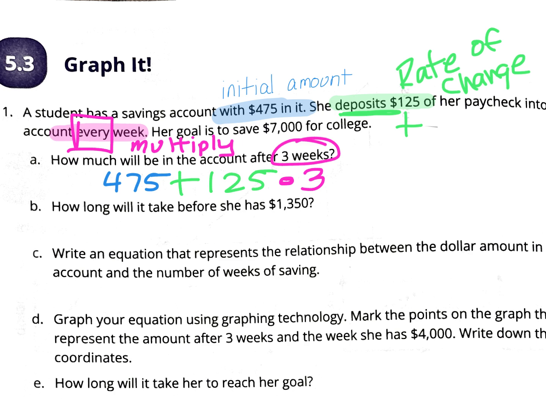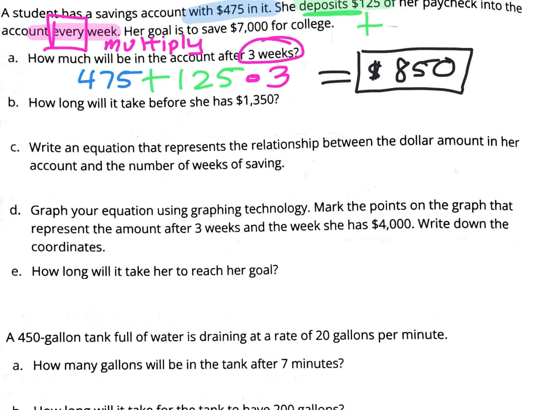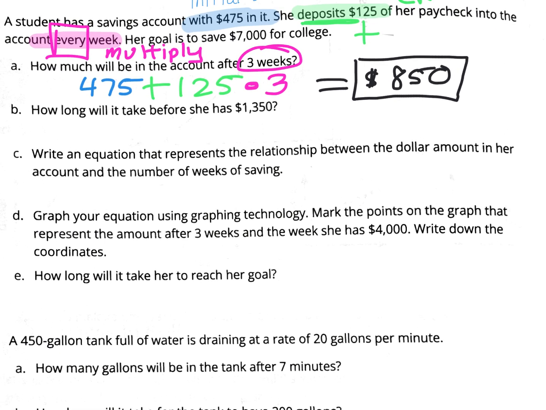So if I use my calculator, which I'm allowed to use, that means $850 is what she will have at the end of 3 weeks. So my personal opinion is that it's easier to do B if we do C first. So I'm going to zoom in here on C and do C first and then come back to it.